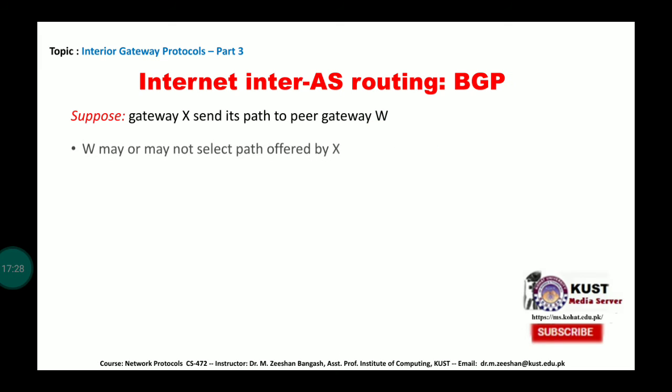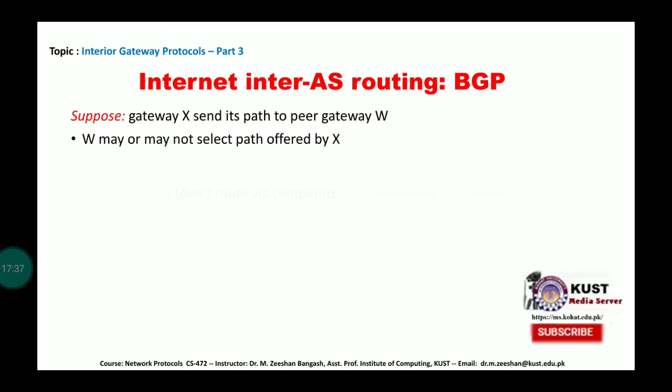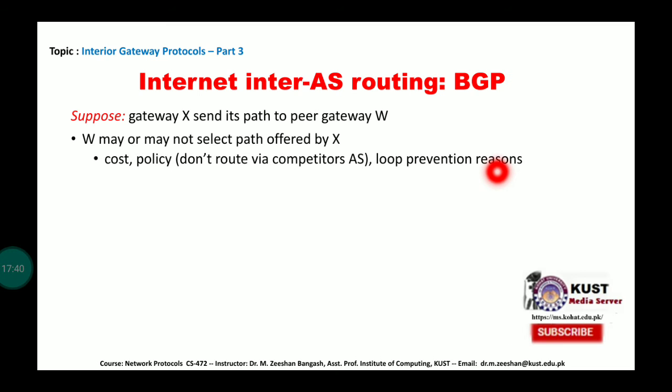So how can this inter-autonomous system routing be represented? W may or may not select the path offered by X. Yes, that's exactly right. The cost on the links may matter. So why may W not want to select the path offered by X? It's up to the autonomous system; it cannot accept whatever information it receives from the neighboring gateway routers, because that may result in loops, and the main purpose is to avoid loops.